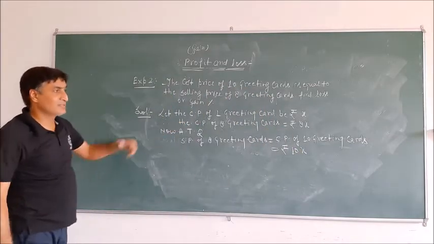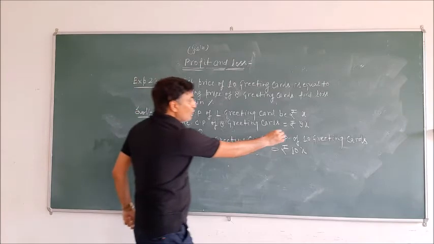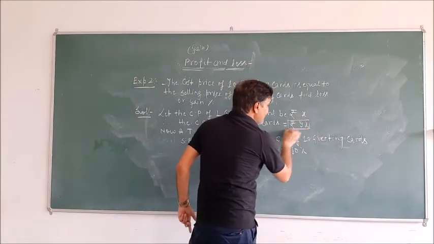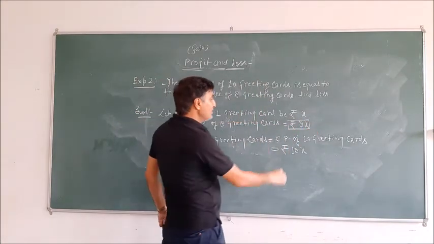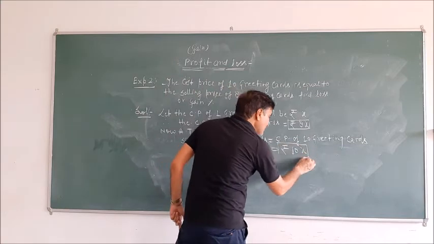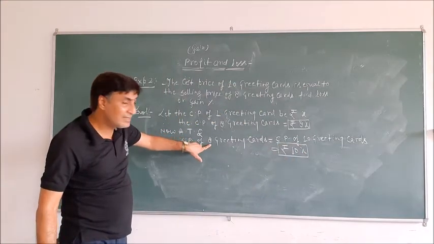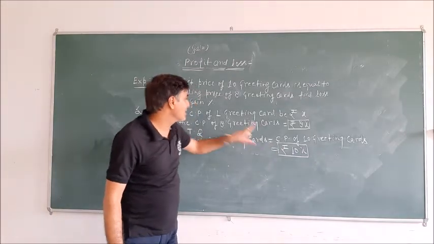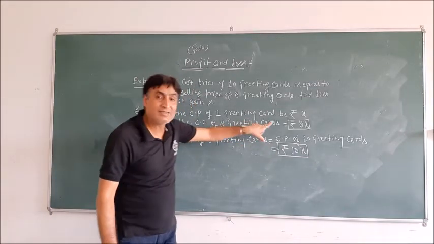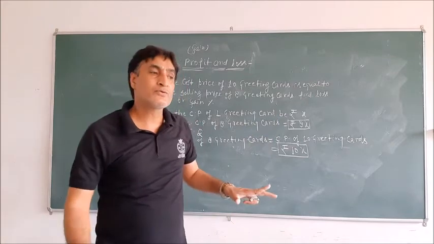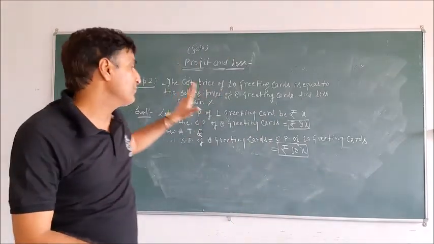Now just see here, students, this is the cost price of 8 greeting cards, this being the selling price of 8 greeting cards. Clearly the selling price of 8 greeting cards is greater than the cost price of 8 greeting cards.